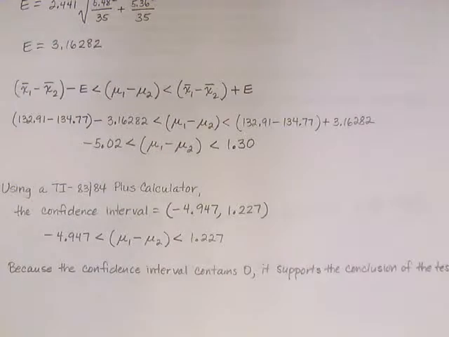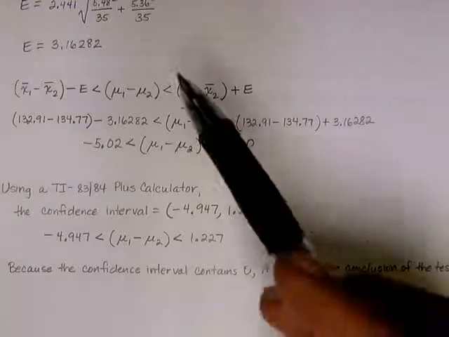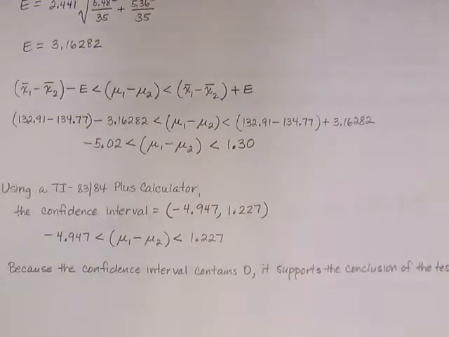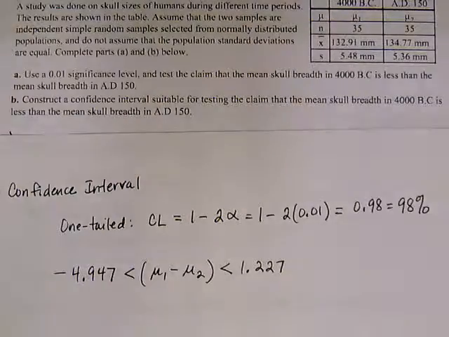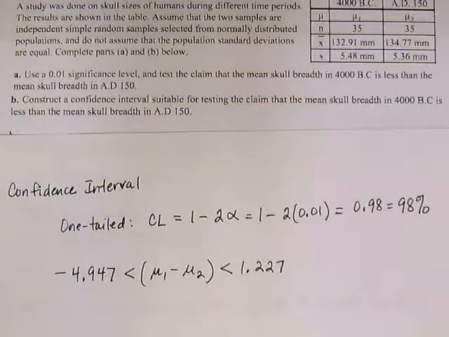We're using a more conservative degrees of freedom, so that's why your limits may be off if you do it manually. And because the confidence interval contains 0, it does support the conclusion that there's not sufficient evidence to support the claim. Okay? Alright, so this will conclude this particular video on two means when we're dealing with independent samples.